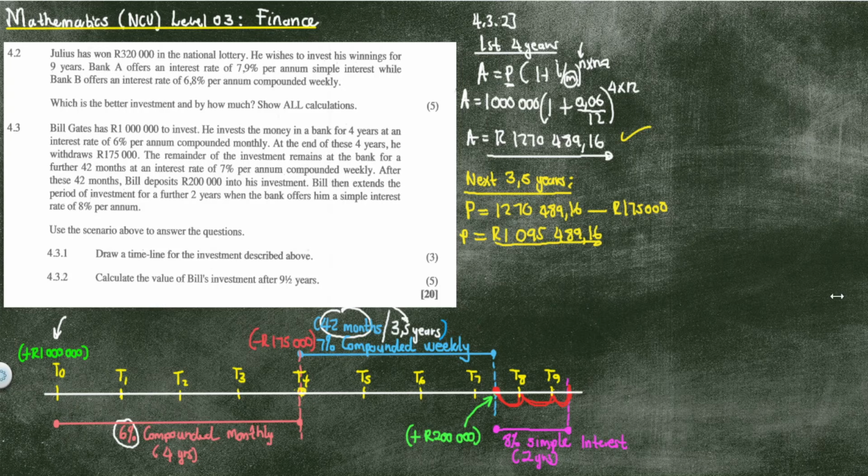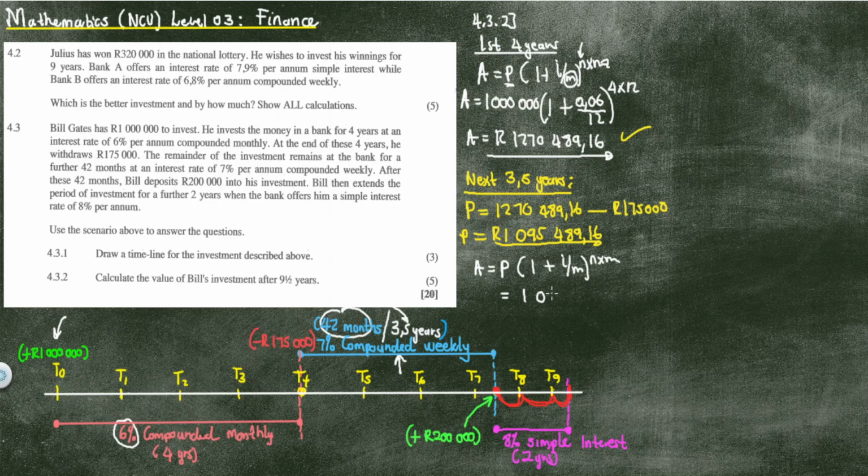Now we are going to perform a calculation using this principal amount. Since it's still compound interest, we're going to be using this formula: accumulated is equal to P(1 + i/m) raised to the exponent n multiplied by m. So what is the principal amount?